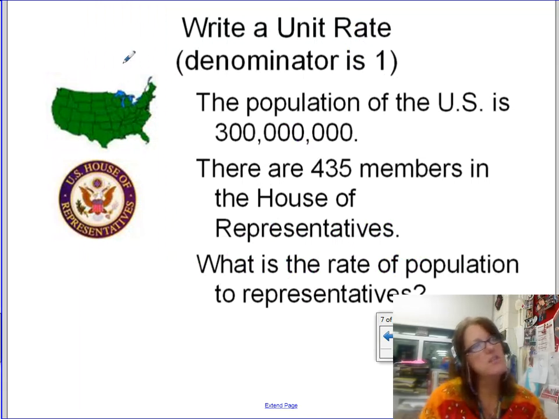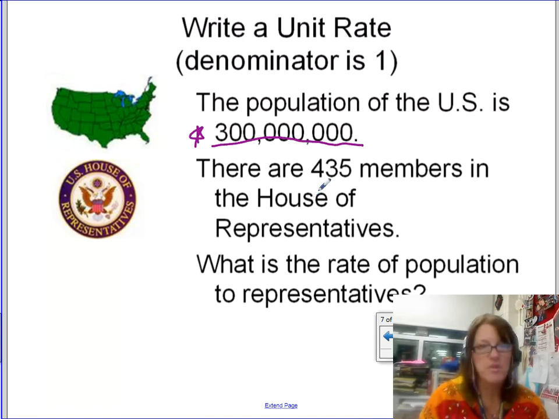All right, let's look at something a little more realistic. Actually, this number is probably off because this example is a number of years old now. But let's just say the population of the United States is around 300 million people. In the House of Representatives, there are 435 members.